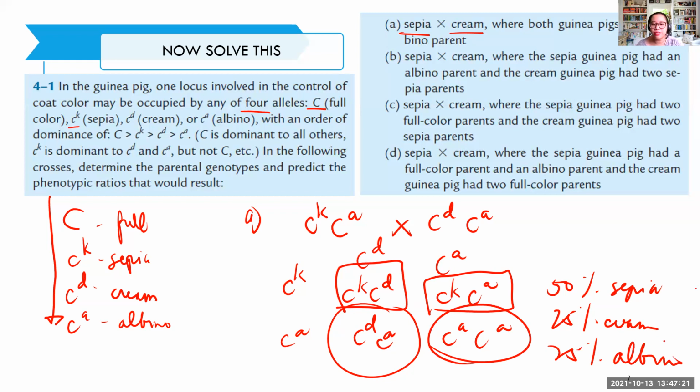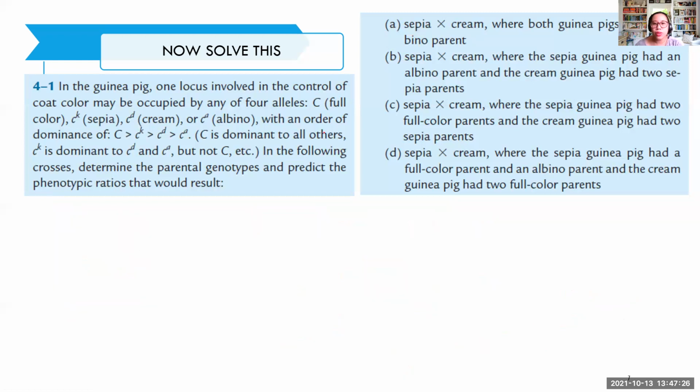Okay, let's try letter C. So let's try to skip, try to answer the rest. So we have a sepia and a cream. So that means CK. And what's cream again? That's CD. All right. Where the sepia guinea pig had two full color parents. If the sepia guinea pig had two full color parents, it means that your sepia is pure.